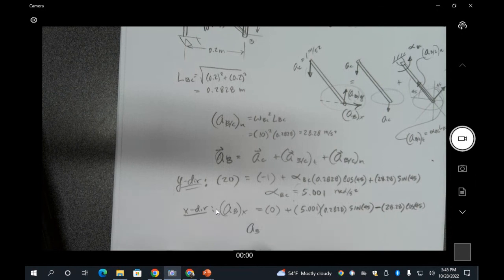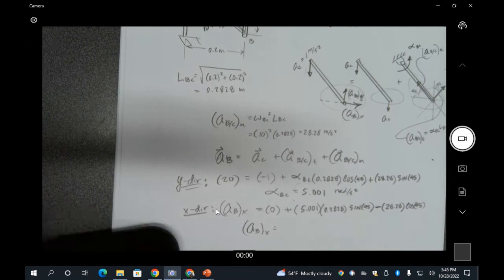So the acceleration of B in the x direction. Let's see if it doesn't do something weird by canceling out 0.2828 times the sine of 45. So this all becomes 1. That times that times that is 1, apparently. And then 28.28 times the cosine of 45 becomes basically 20.